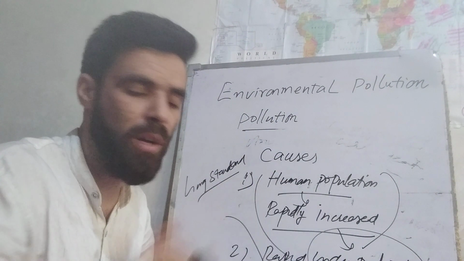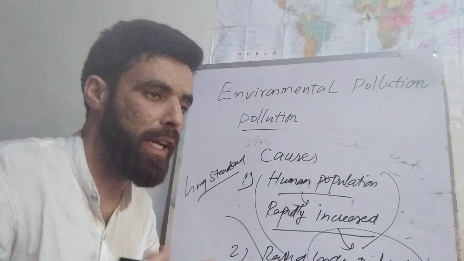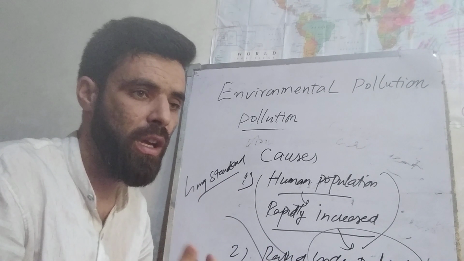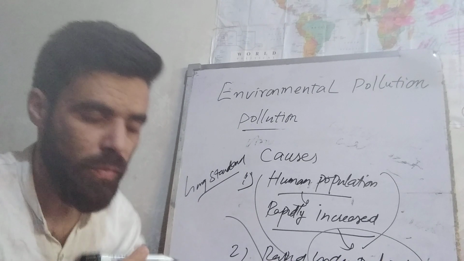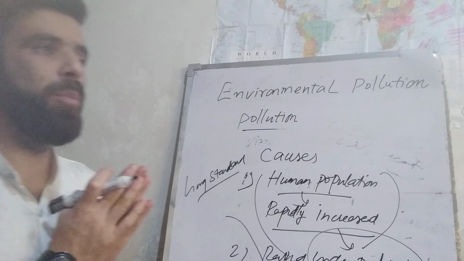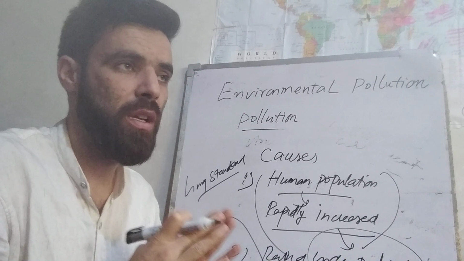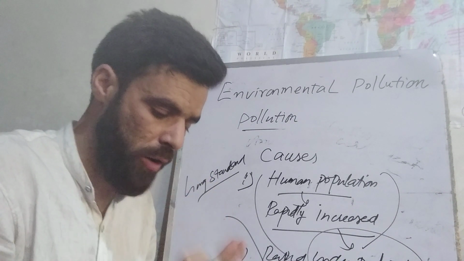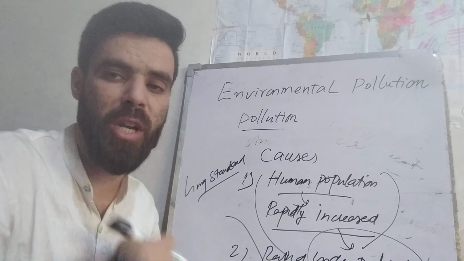And with massive urbanization, we need more food, we need more water, we need more shelter, we need more clothing, we need more automobiles, which led to pollution. And this urbanization posed a threat to various biological hotspots.